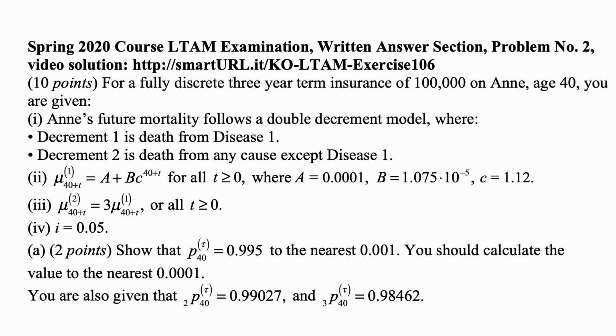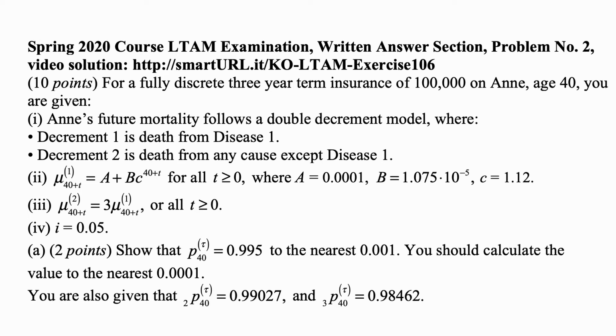The force of mortality due to other causes is 3 times the force of mortality due to cause 1. Interest rate is 5%, which is the rate in the table used on the exam, standard ultimate life table.